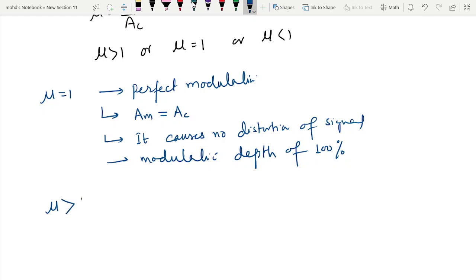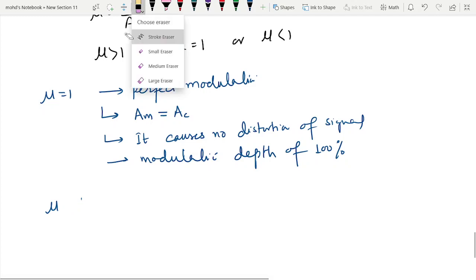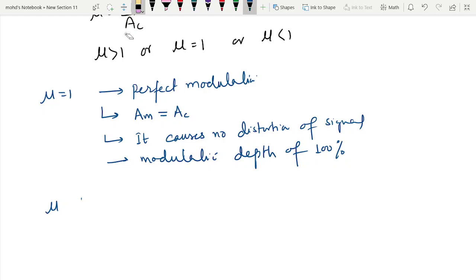Now the second case is when the modulation index value is less than 1, that is mu less than 1.